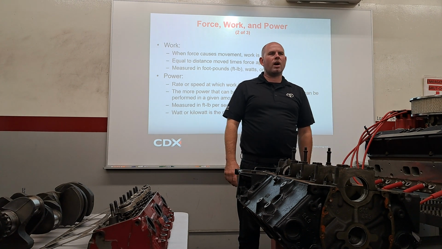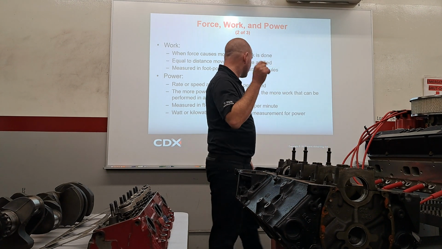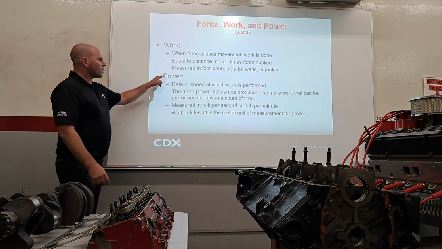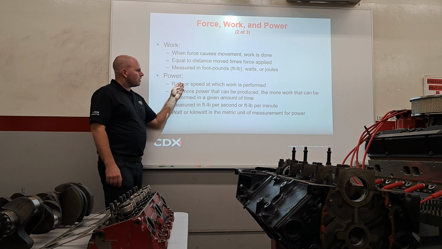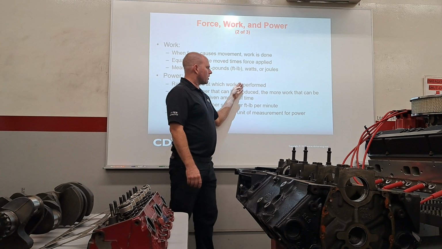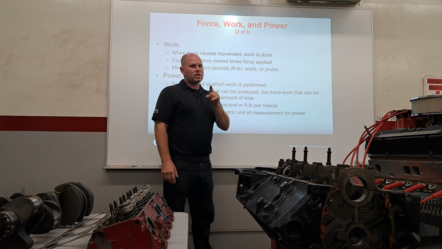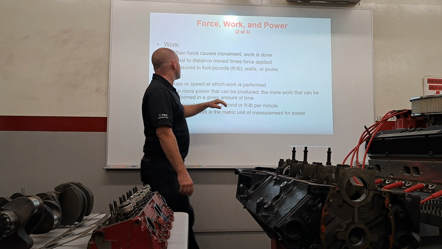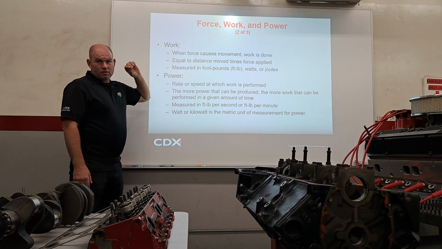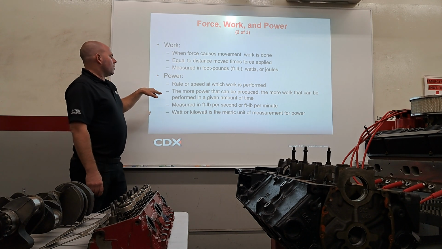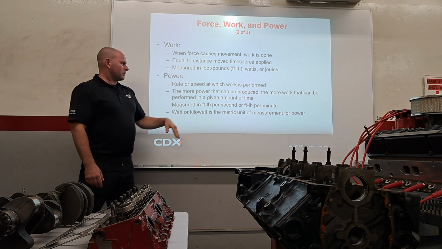So, first, and then power. Power is the rate or the speed at which the work is performed. I want you to remember that. We're talking about the difference between work and power. The more power that can be produced, the more work that can be performed.